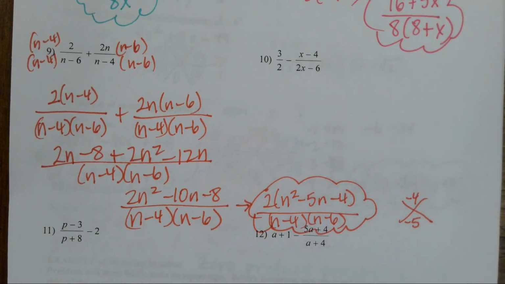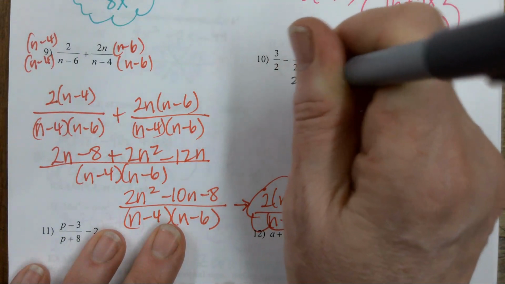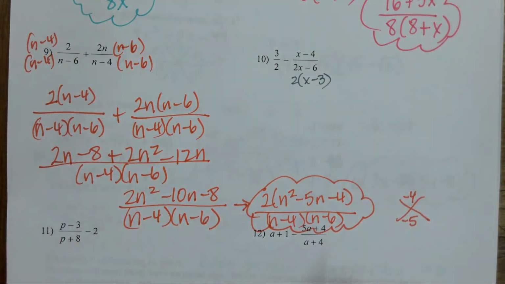I'm going to talk about that least common denominator again. You do not have to find the least common denominator. It is not the law. However, if you do, it can make your life easier. Instead of multiplying the top and the bottom by 2x minus 6 on the left and the top and the bottom on the right by 2, what I'm going to do is factor the second one here, pulling out the greatest common factor, and then the only thing I'm missing in this first fraction is the x minus 3. 2 is covered.